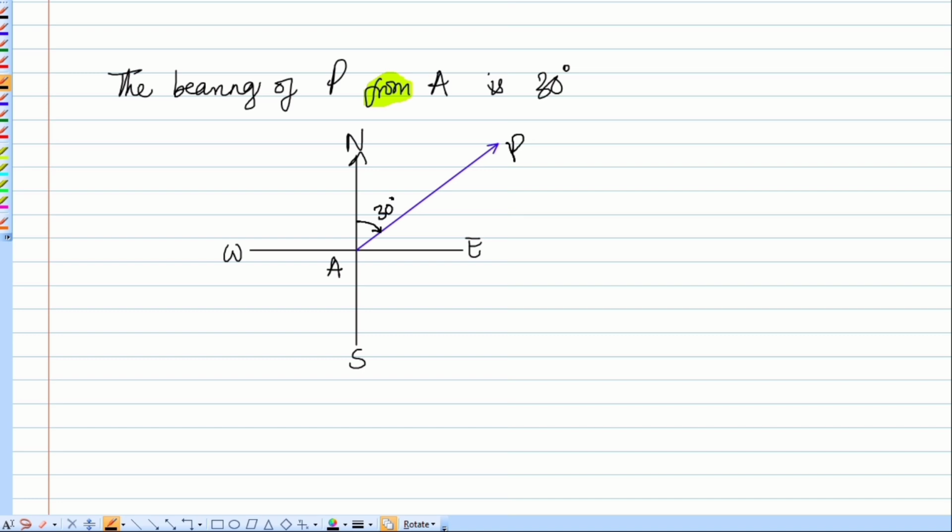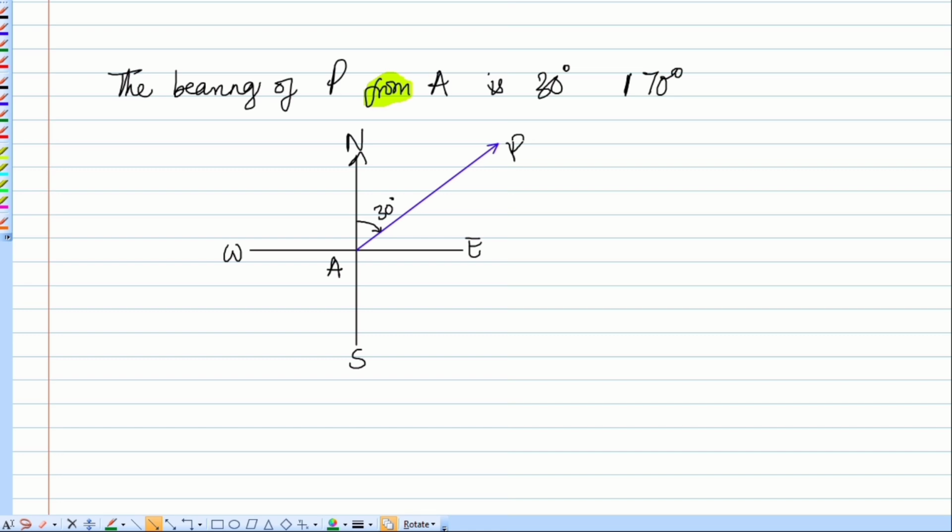Okay, what if we said the bearing of P from A is no longer 30 degrees? Let me use 170 degrees. So when the bearing of P from A is 170 degrees, remember we're still at A. But recall that from the north to east is 90 degrees, from east to south is 180.